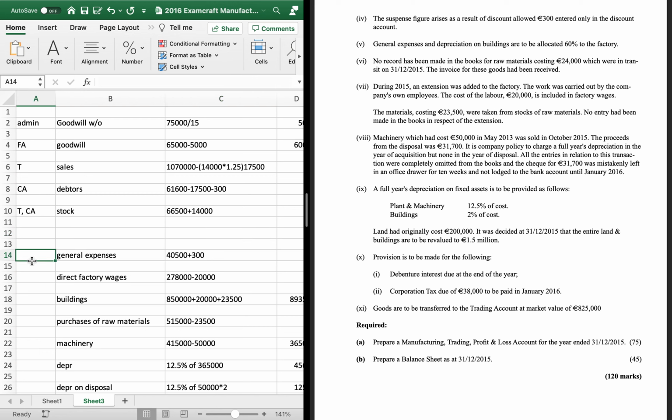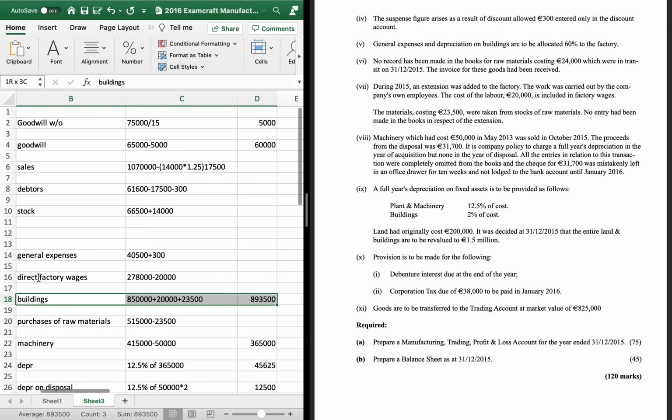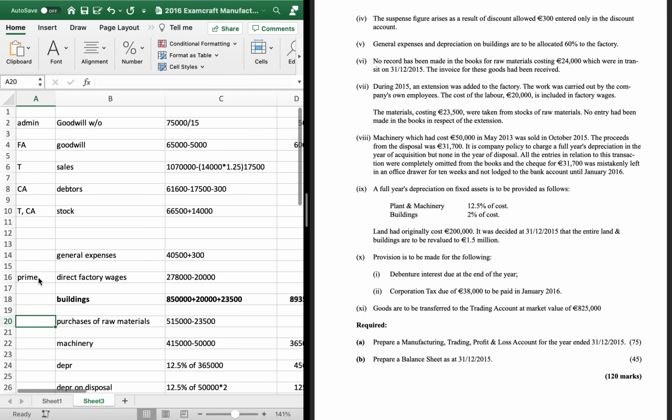General expenses, that was being split up, so we can come back to that. Direct factory overheads is a prime cost. Buildings fixed asset. Now, if you remember, buildings was changed to 1.5 million, so I'll just ignore that for the time being. Purchase of raw materials is in the manufacturing account at the top. Machinery itself is a fixed asset.